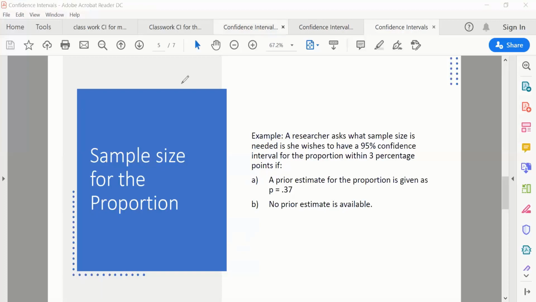The prior estimate is just an old survey that was done. So these are some old results. They could also be just results for a different group of people.